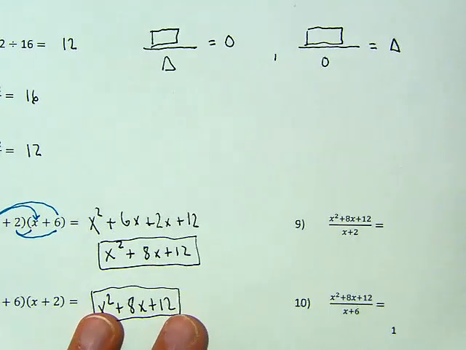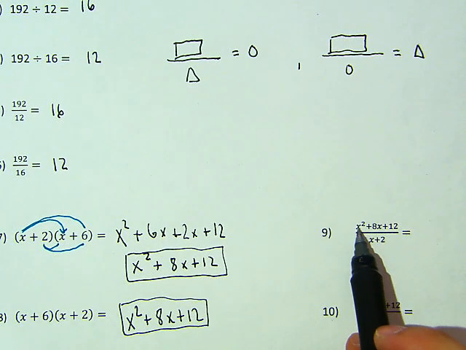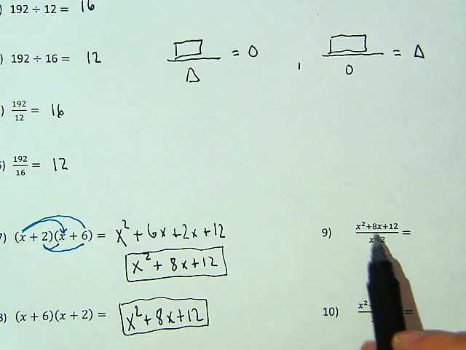When we look at this part over here, if I have x squared plus 8x plus 12 divided by this, we haven't learned any techniques on how to divide this yet.